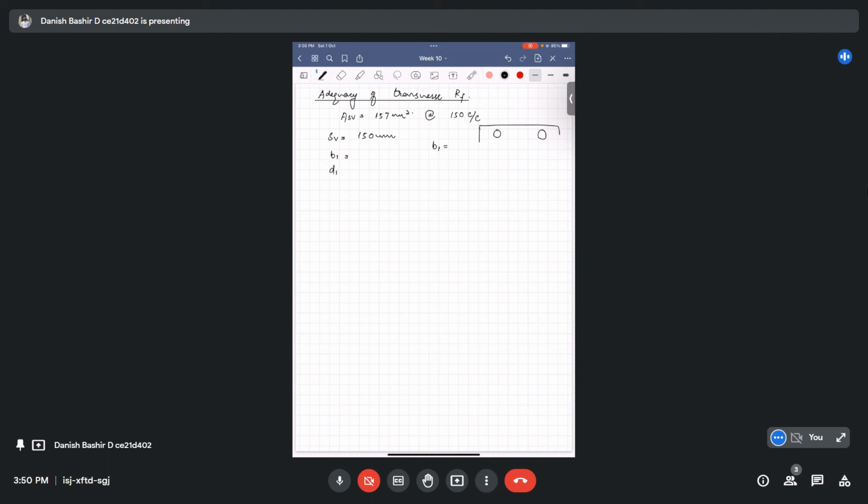We are given this total as 300, and you have to calculate this distance, that is b1. The longitudinal bars are 16 mm, and the stirrup bar is 10 mm.